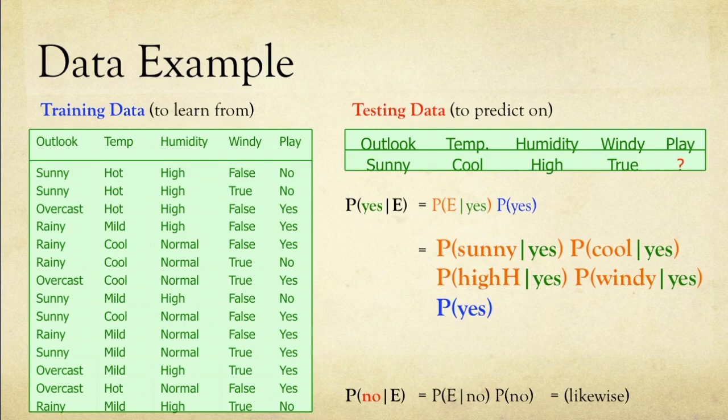So let's look at P(yes), the probability of getting yes, or how likely the game will be played regardless of weather condition. A simple approach is just to count the number of yes divided by the total number of observations, and we can get the idea of how likely yes will happen.